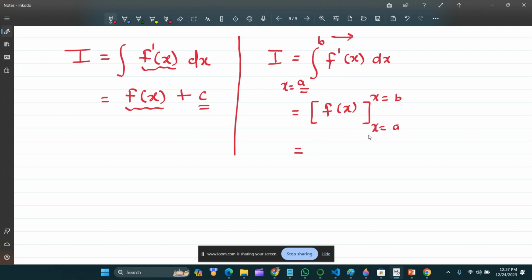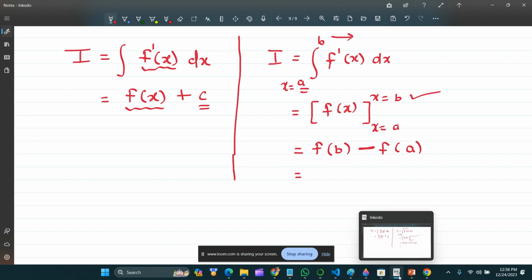First we put the value f of b, the middle sign is minus, and then the lower limit f of a. Then we'll get a proper value. Therefore, it is called definite integration.